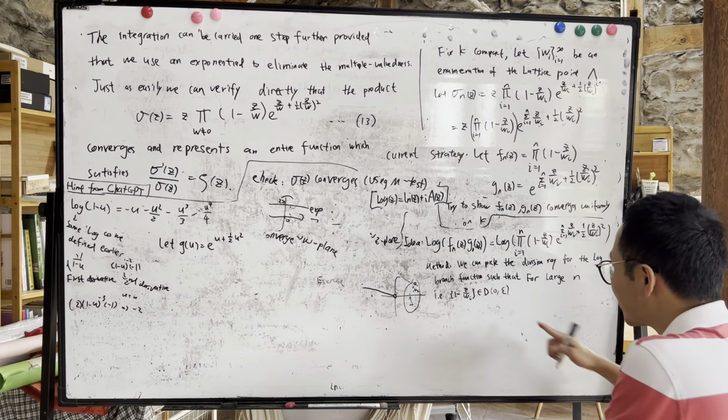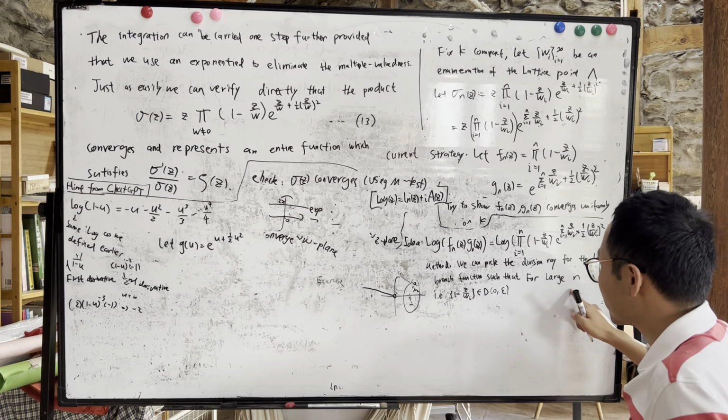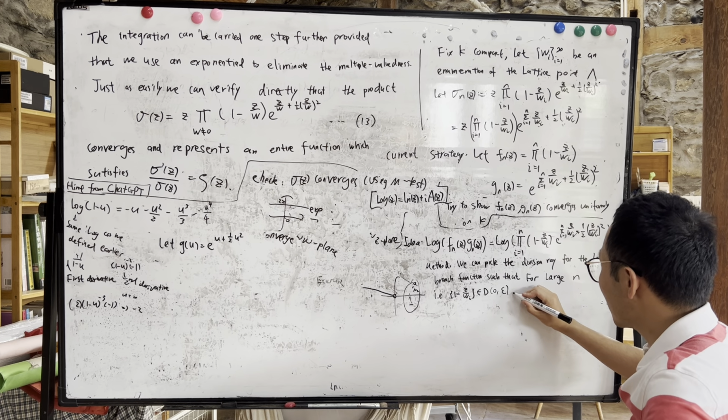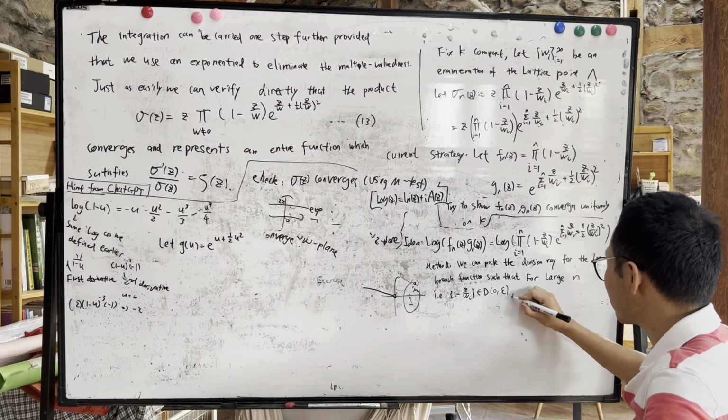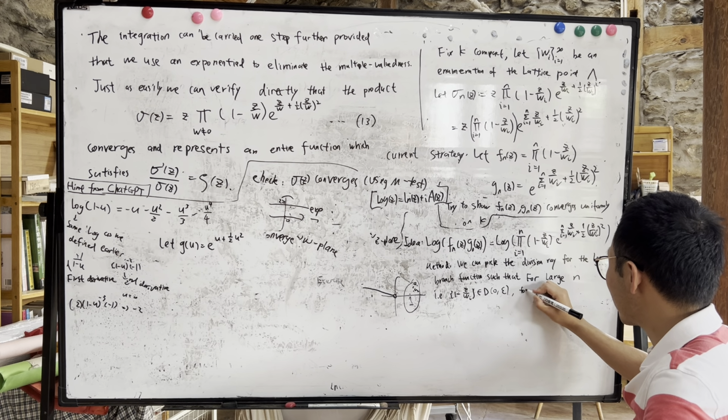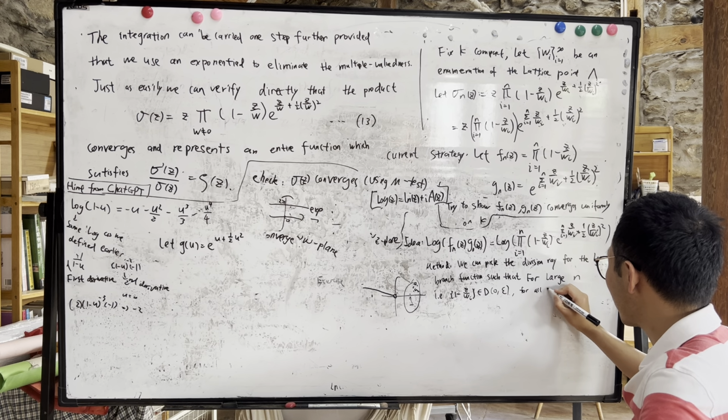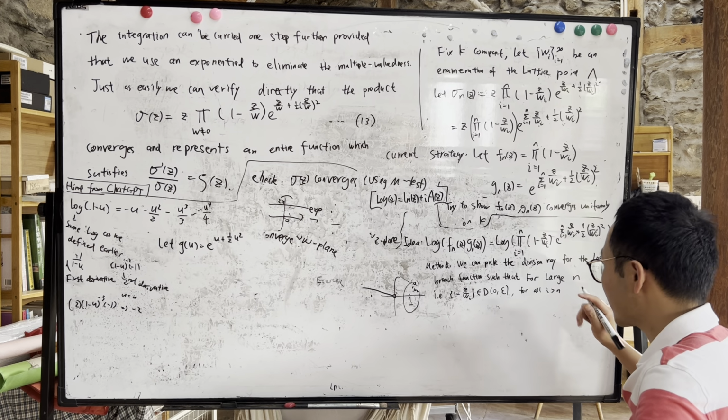So I assume that we pick epsilon first, and then there is an n large, such that this one belongs to this epsilon disk for all i bigger than n.